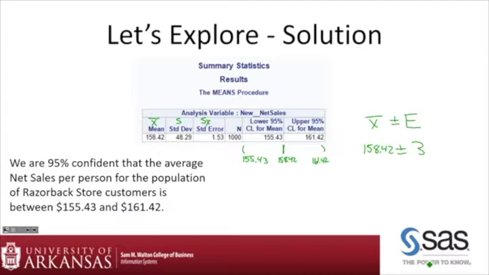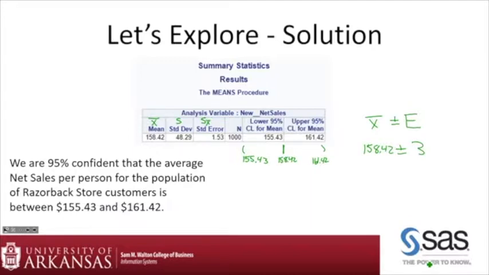So if I have this information, I can say we're 95% confident that the average net sales, because that's what I'm interested in, per person, for the entire population of Razorback Store customers is somewhere between 155.43 and 161.42. So what we're assuming is that the data we have are sample data.